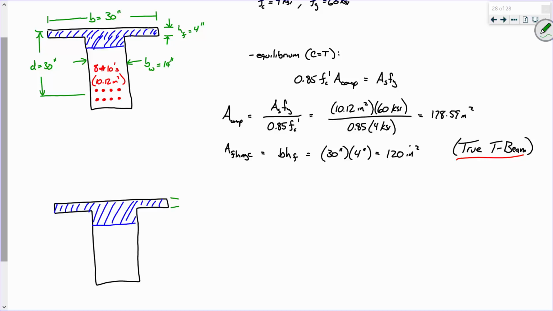So this dimension is h sub f. This dimension right here, was that b? That one up top? All right. We've got this dimension right here, which is h sub f, right? I would propose h, there we go.